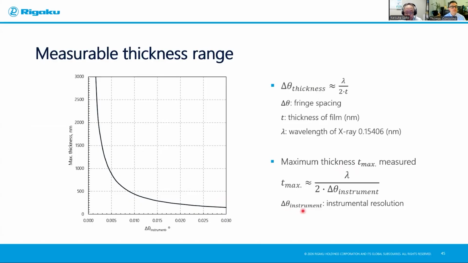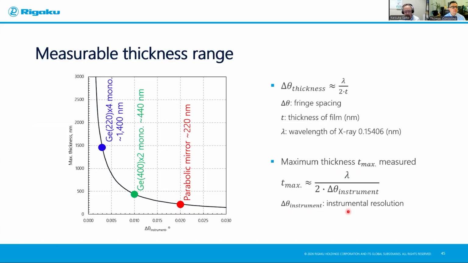The delta theta instrument means the instrumental resolution, like the divergence of the X-ray. For example, the parabolic mirror, 0.02 degree as I mentioned, gives roughly 200 nanometers maximum thickness. Germanium 400 2-bounce, 440 nanometers. We also have a germanium 224 4-bounce monochromator, which may be able to determine over 1000 nanometers thickness in theory.